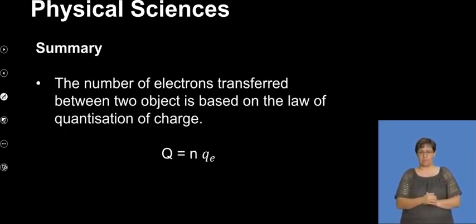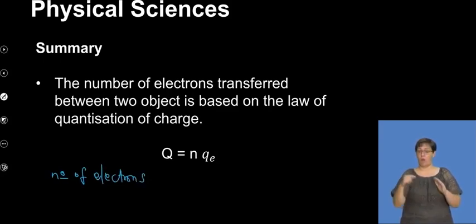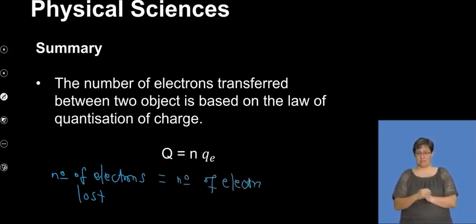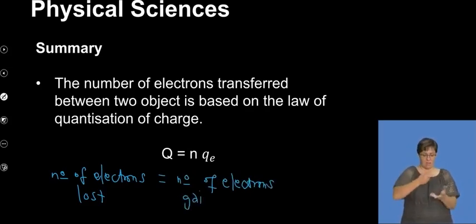Okay. Now, in summary, what are we saying? The number of electrons transferred between two objects is based on the law of quantization of charge. So, number of electrons lost is equal to number of electrons gained.